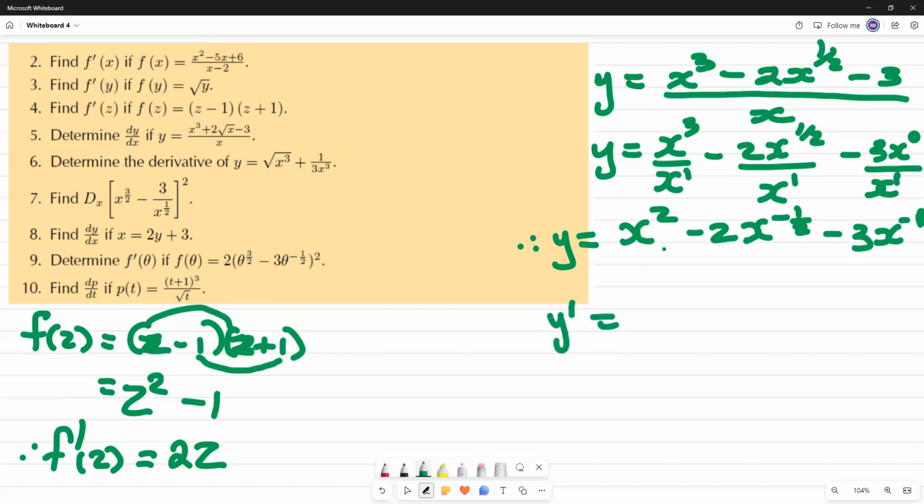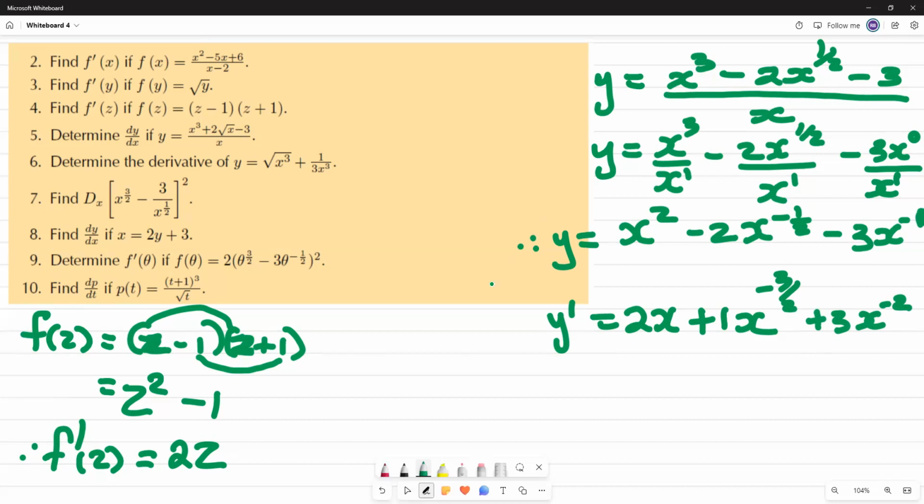So y prime is going to be 2x plus 1, because negative 2 times negative half is positive 1. And then minus half minus 1, it's minus 3 over 2. Then negative 3 times negative 1 is positive 3x to the negative 2. And we have differentiated that guy now. Okay, that was number 5.